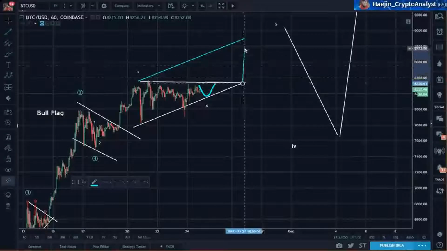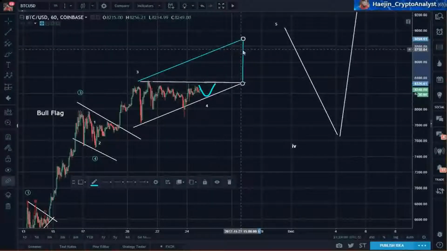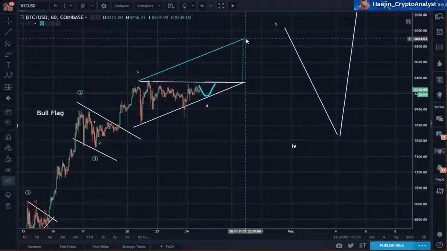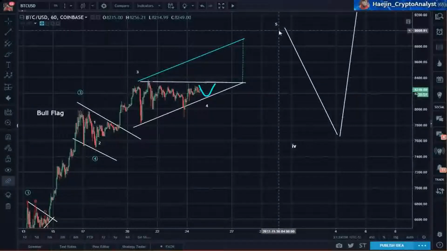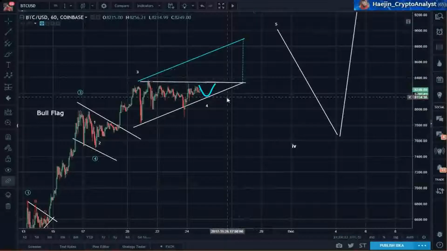From there, I draw a vertical line up straight until it meets the parallel line. That is how I calculate the minimum travel. Not too different from what I have here. We can put it like so. So this is the pattern.